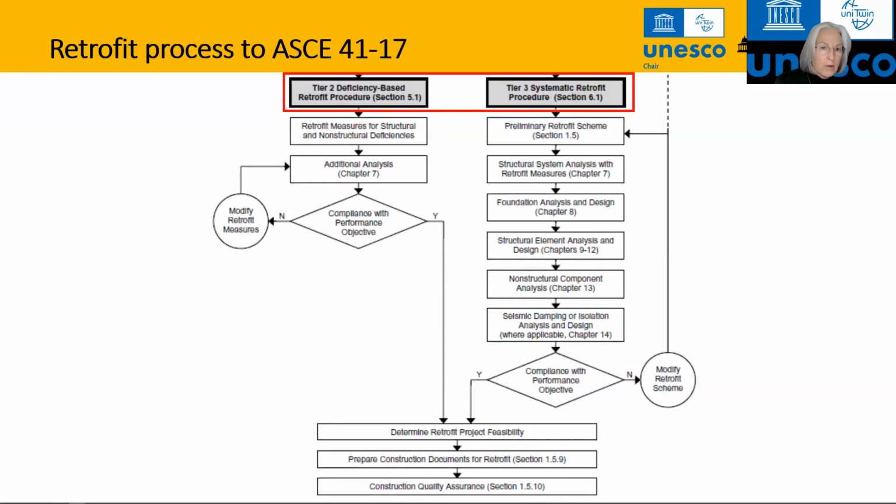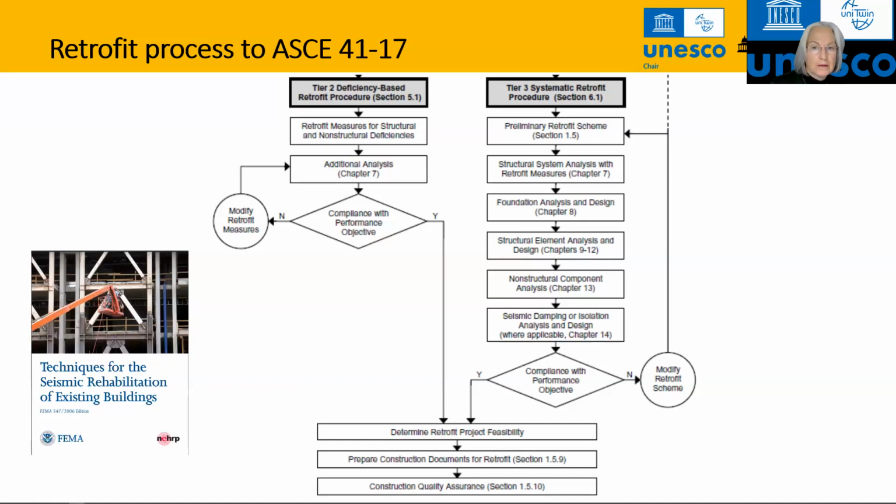So as I said earlier, we can choose two different paths again: Tier 2 for the deficiency-based procedure and Tier 3 for the systematic retrofit. When we want to look at the deficiency-based retrofit procedures, there is a very useful document from FEMA that covers techniques for seismic rehabilitation of existing buildings. In the following talk, this will be brought to the front again, with more details on how it works and how you can use it.